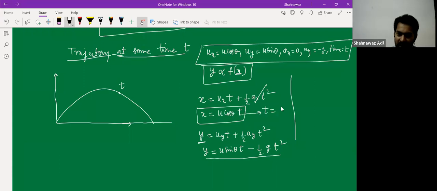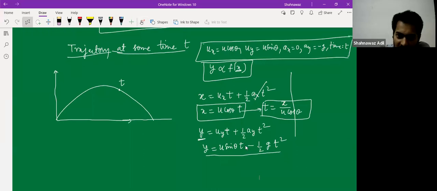So this will be x by u cos theta, right? And we'll put this value of t in here and we'll be over with the t part, and this will be the function of x. Understood? Yes, sir. So let's put the value of t here.